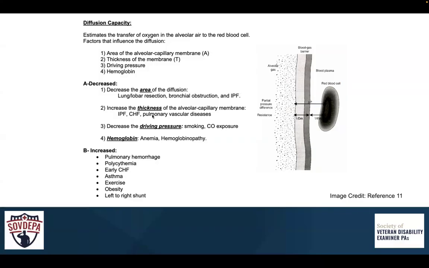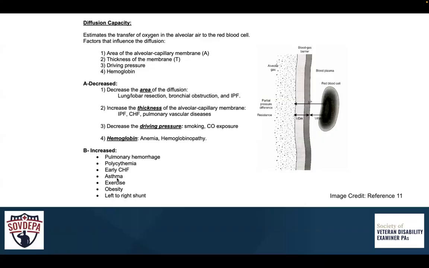Decreased area for diffusion occurs if there's been lung resection, idiopathic pulmonary fibrosis. Increased thickness of the membrane for diffusion occurs in congestive heart failure, pulmonary vascular disease, again, idiopathic pulmonary fibrosis. Carbon monoxide exposure or smoking can decrease driving pressure for carbon monoxide diffusion. And then hemoglobin being low, that can decrease the DLCO too.